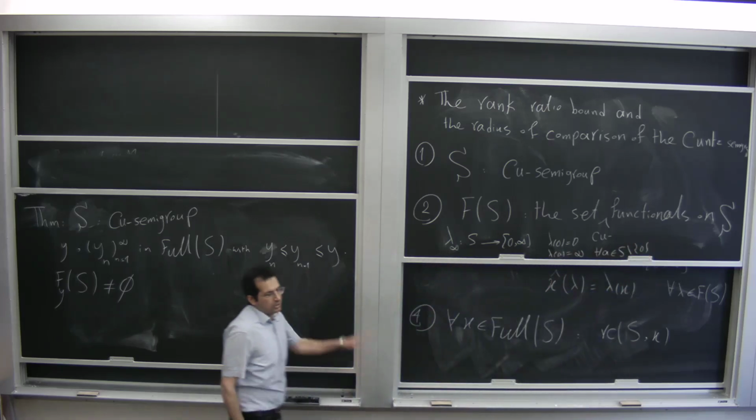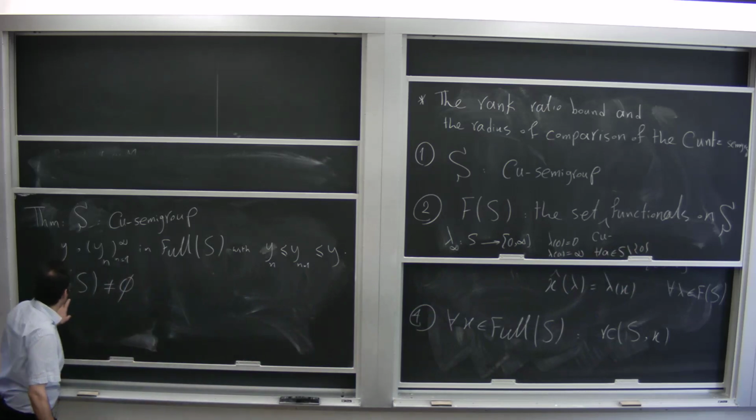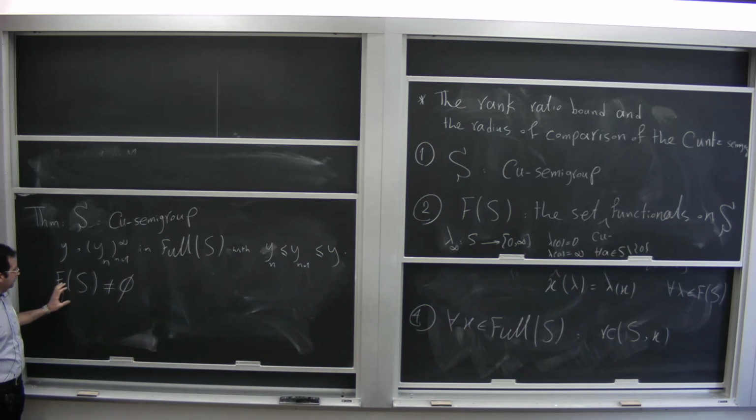So those are not normalized. But here I assume that I at least have one normalized Cuntz functional at Y.